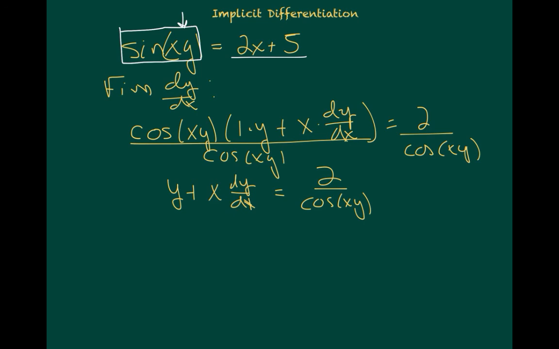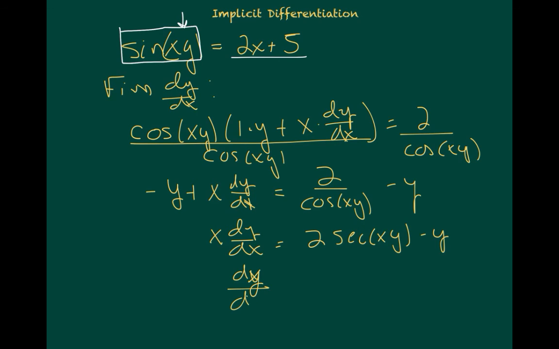Okay, I'm going to now subtract off y from both sides. And so I'm left with x dy/dx equals 2 secant xy minus y. And so dy/dx just equals 2 secant xy minus y, divided by x.